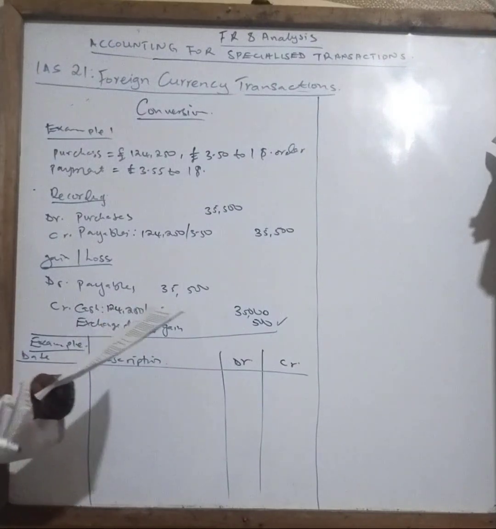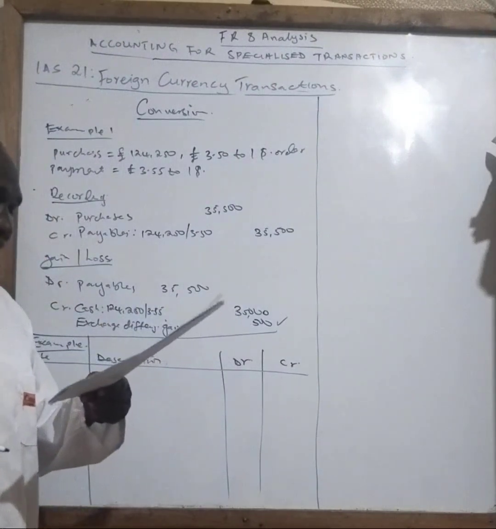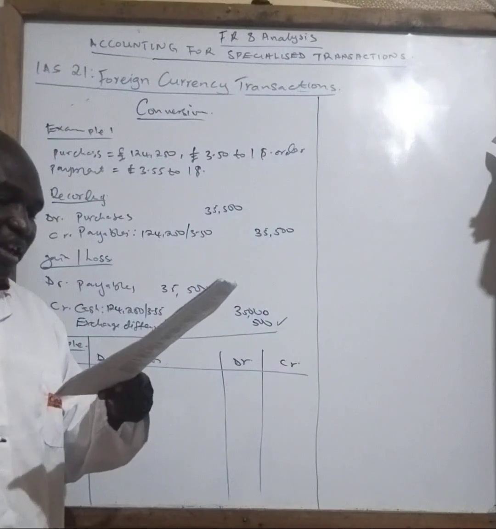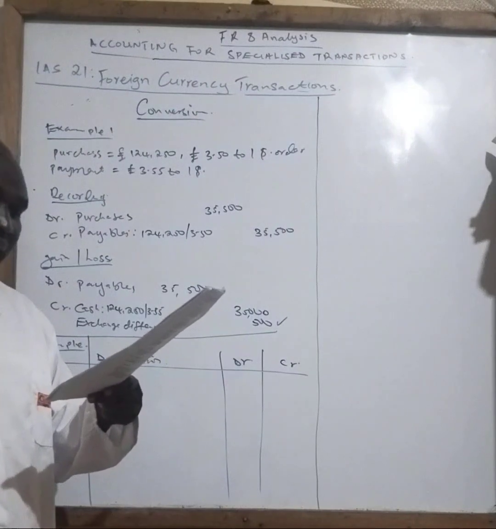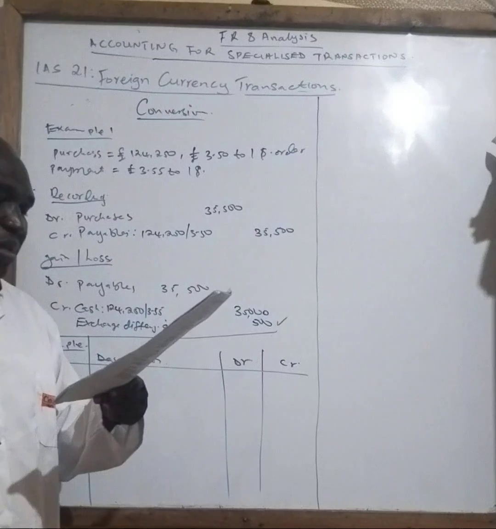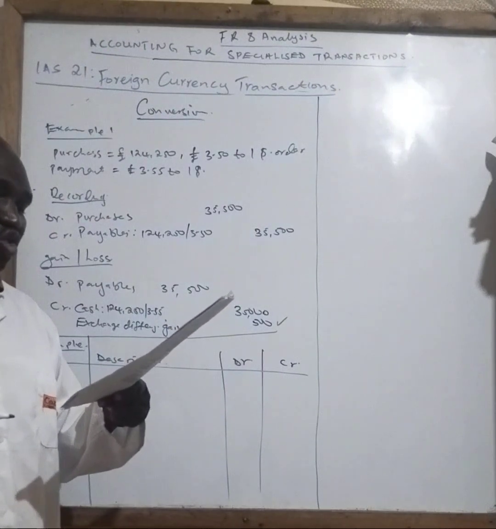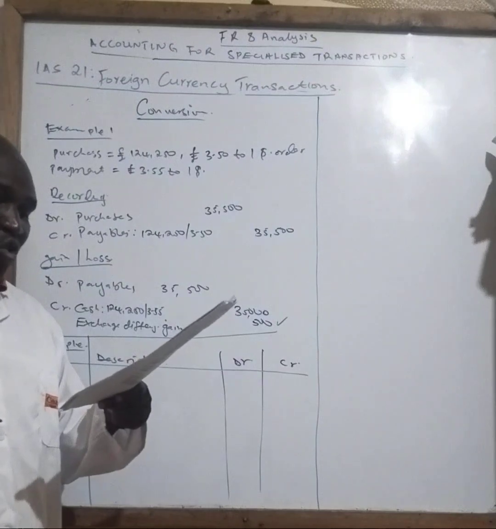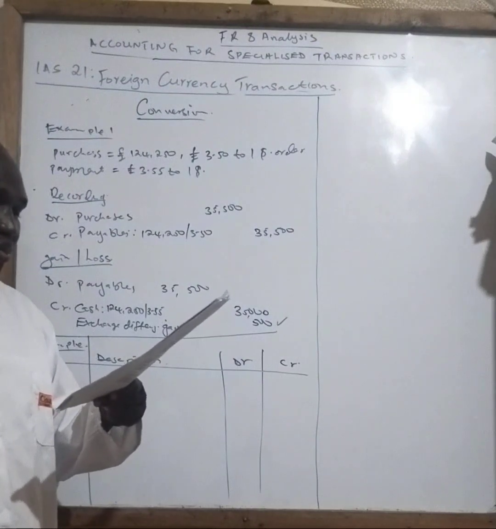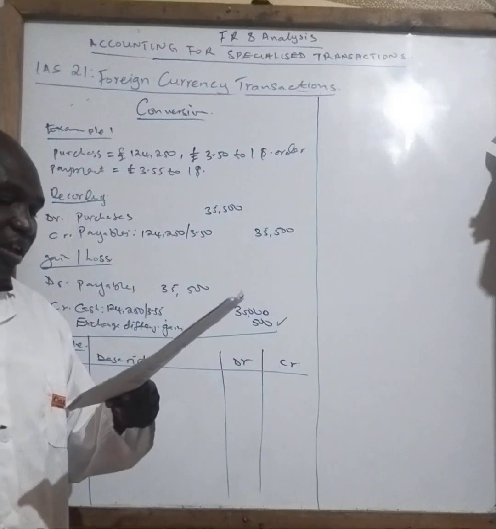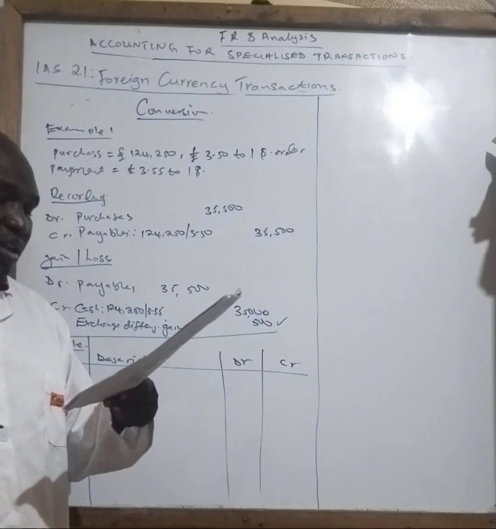When was this transaction? Let's read the question again. Suppose that another home company sells goods to a Chinese company, and it is agreed that payment should be made in Chinese yuan at a price of 116,000 yuan. We will further assume that the exchange rate at the time of sale is 10.75 to $1.